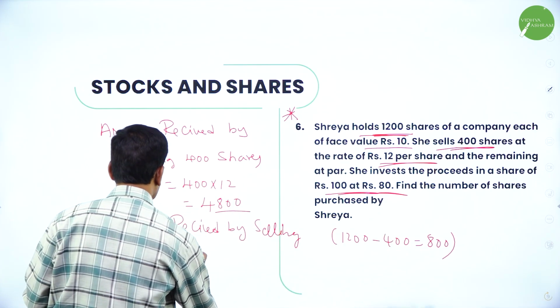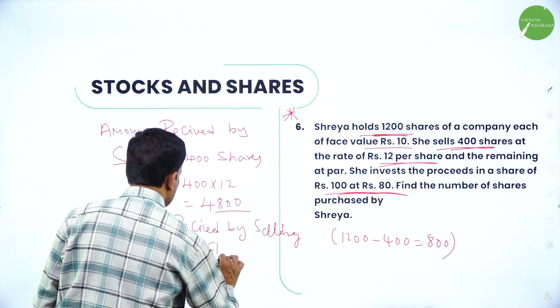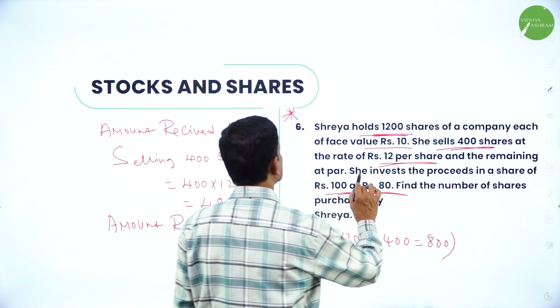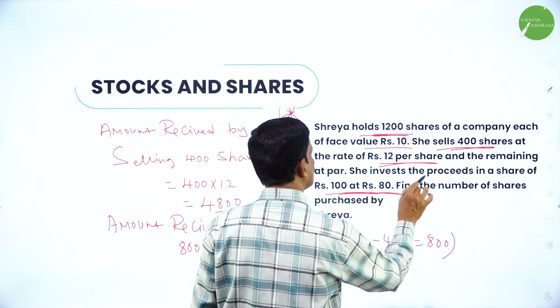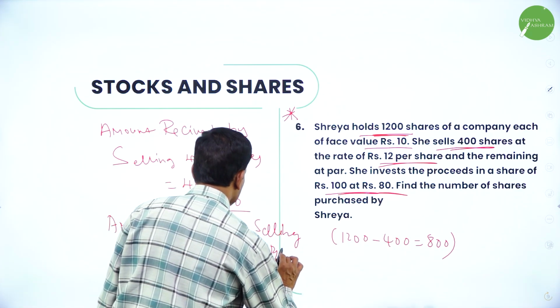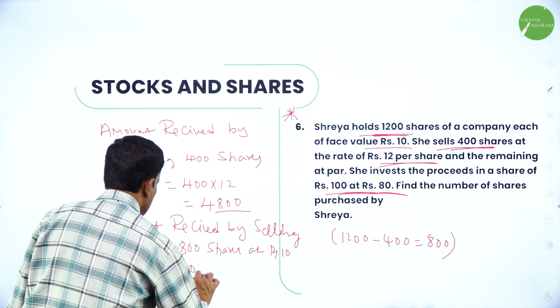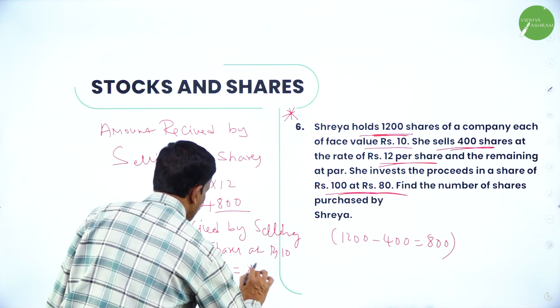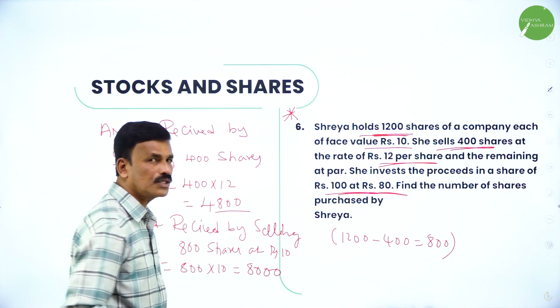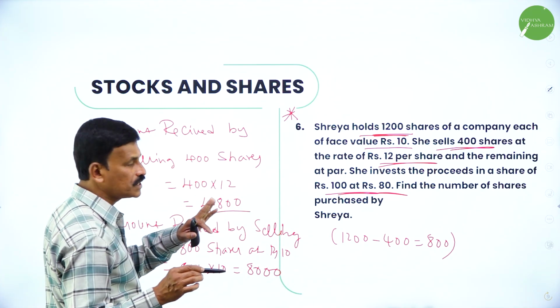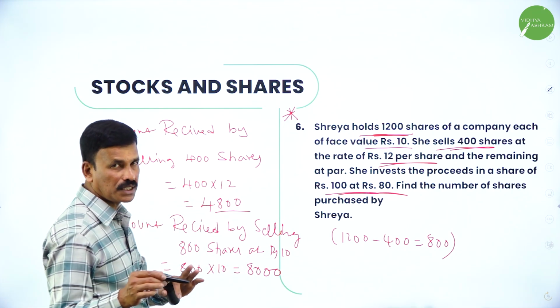Amount received by selling 800 shares, the remaining shares, at rupees 10. So that's equal to 800 into 10, that's equal to 8,000. Okay. So first case, amount received by selling 400 shares at rupees 12 is 4,800.